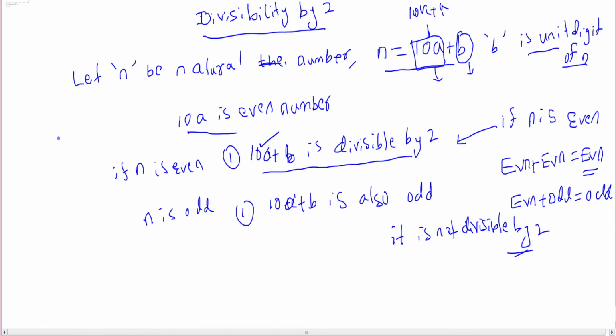For example, if they give any number, first you have to check the unit digit, whether it is even or not.